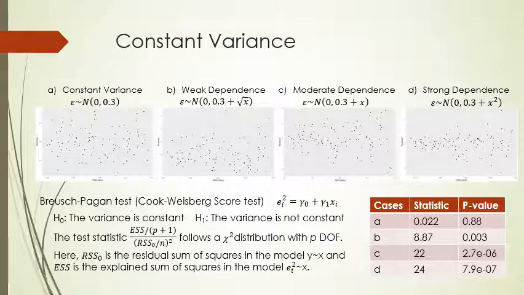The trend that the residuals increase with x is more obvious in the residual plot. In case D, the error standard deviation is 0.3 plus x squared. The residual plot shows strong heteroscedasticity.